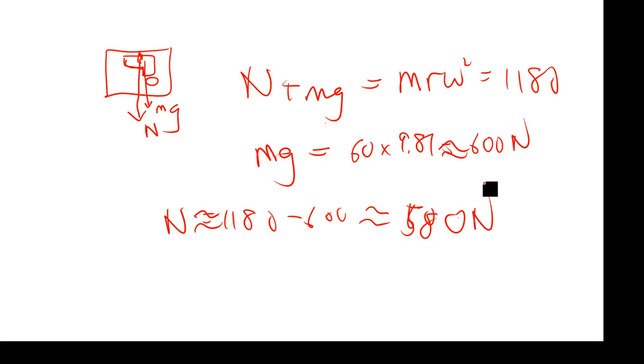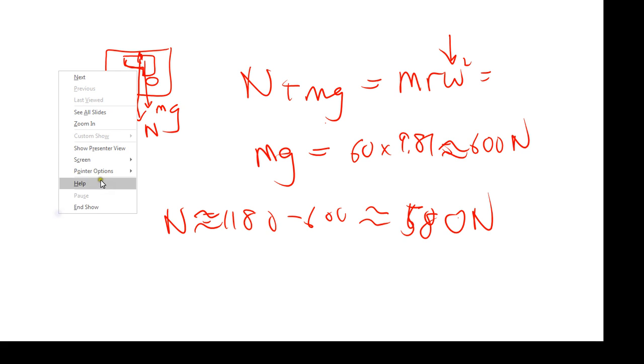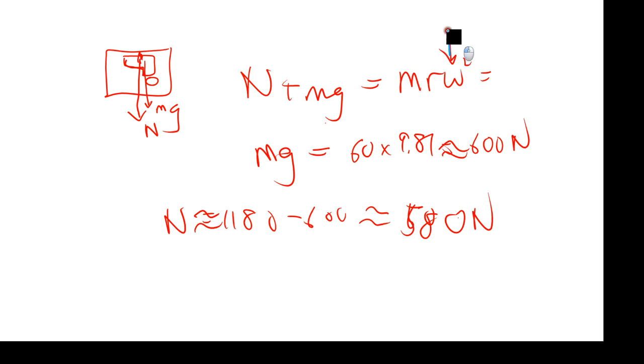Boys and girls, let's do a different question now. If I slow it down, what will happen? This omega will drop, right? So let me change the color to show there's a different thing. If I reduce the omega, I can reduce this to 1,000. mg stays the same, correct?